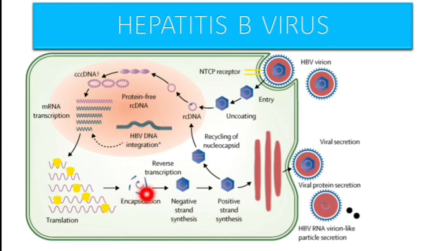So here, as you can see in the center, this particle is still RNA, and it is going to be converted into DNA by reverse transcription, right? The result will be a negative strand. This negative strand will then be converted to a positive strand, and then there will be packaging and then a release or viral secretion, right? Okay, let's move on.